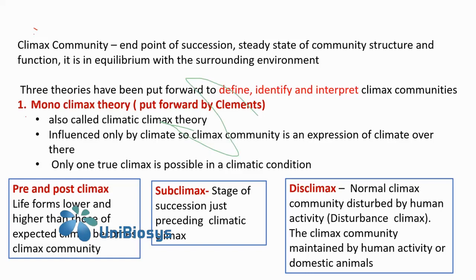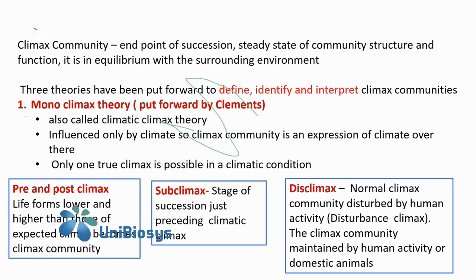If we are expecting an area with a lot of grasses, small plants, and then some trees, so trees are the dominant species and that community is surviving over there. After some time humans interfere, we are cutting all the trees. Then we allow domestic animals to graze over there.